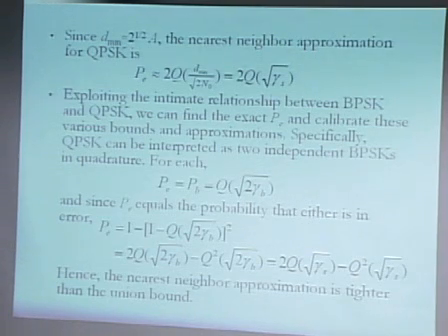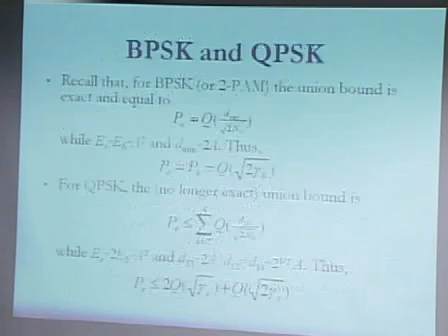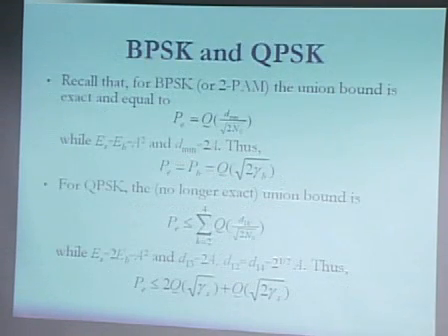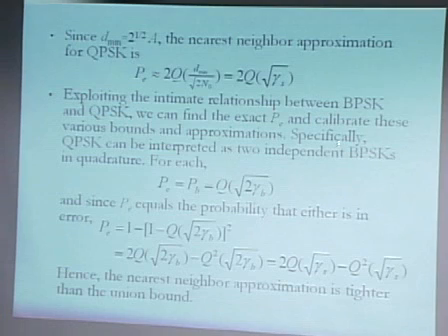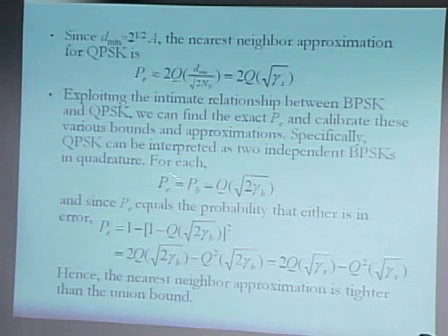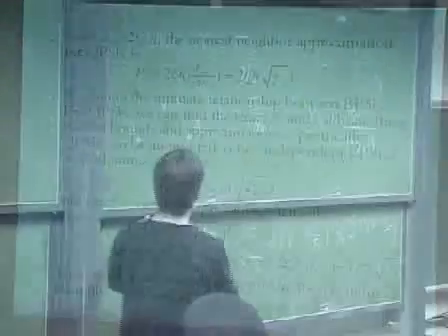Independent BPSKs in quadrature. And since we just solved for BPSK the exact PE, we can actually work this out and get an exact expression also for QPSK. So let's do this. We'll interpret QPSK as two independent BPSKs in quadrature. So for each of the two BPSKs, we have this formula which is derived, right? Q of root of 2 gamma b. Now, how do we go from BPSK to the QPSK here?